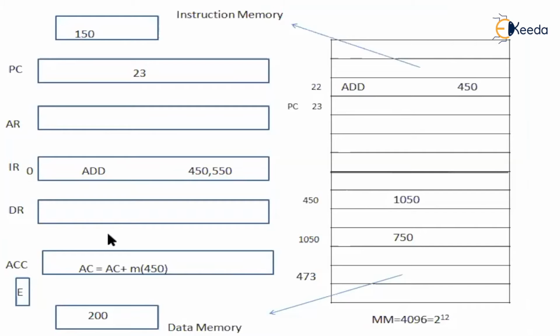The status of a program can be represented in two registers. That is, the output value of an instruction will be loaded into the accumulator, and this output value of an instruction is also going to update a flag register. So for that reason, accumulator should be updated in any of the processors.